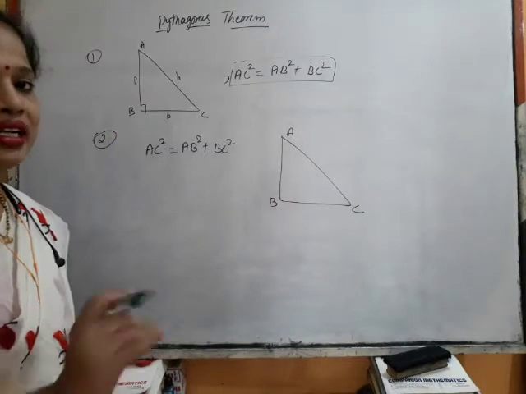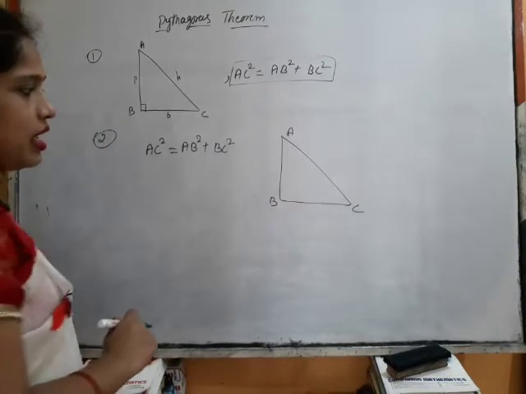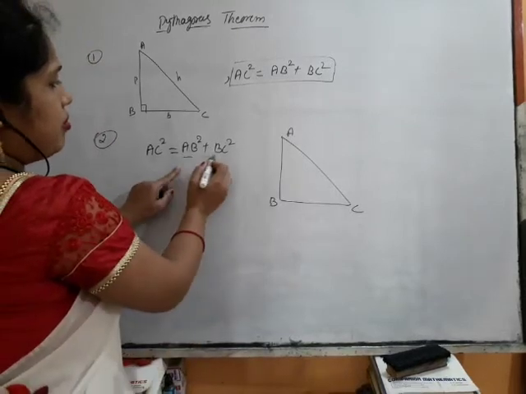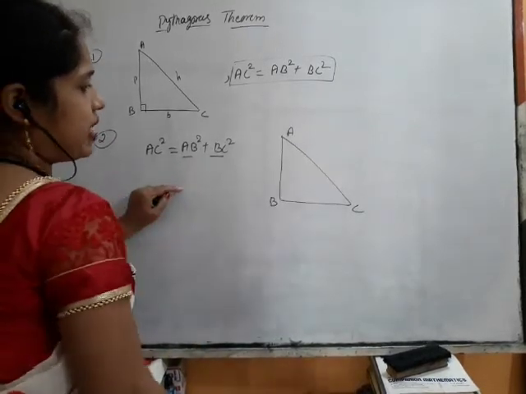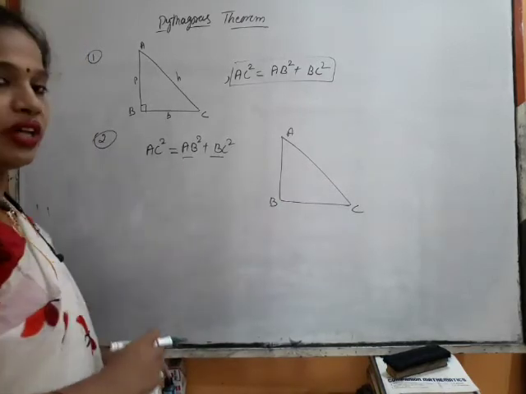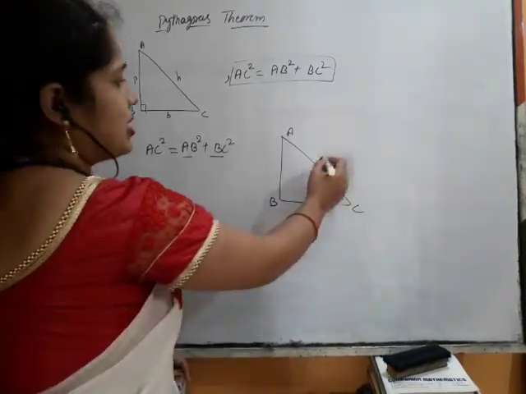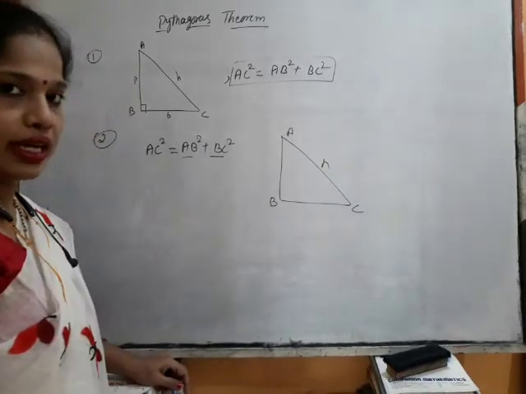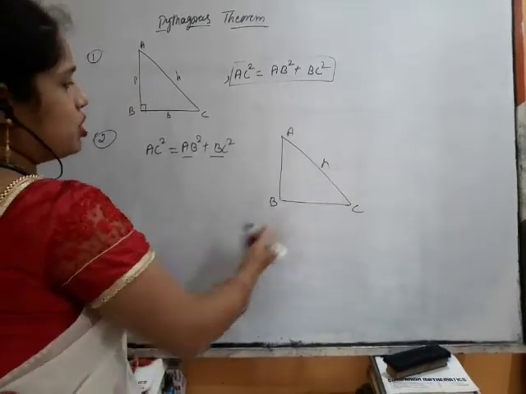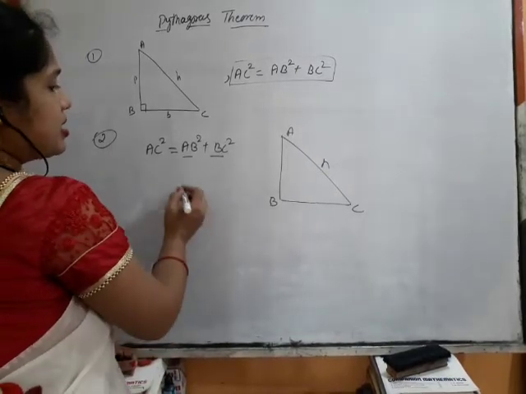We don't know that it is a right angle triangle. So the converse of it will be how? The sum of the squares of the two sides is equal to the square of the longest side. Okay. So we have to show that the angle opposite to the longest side is a right angle.